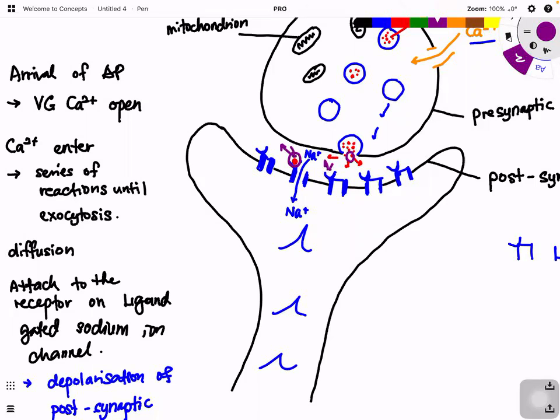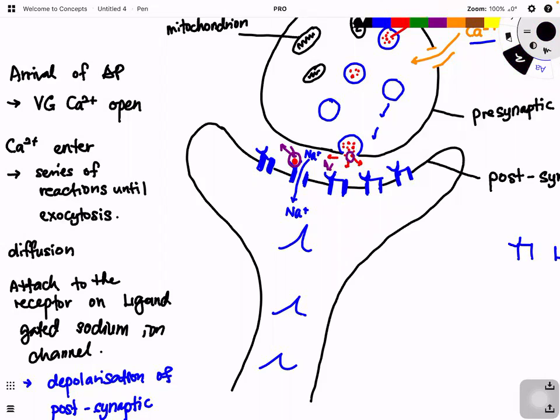So therefore, in order not to have multiple action potentials stimulated in our brain or arrive at our brain, we need an enzyme called acetylcholine esterase.